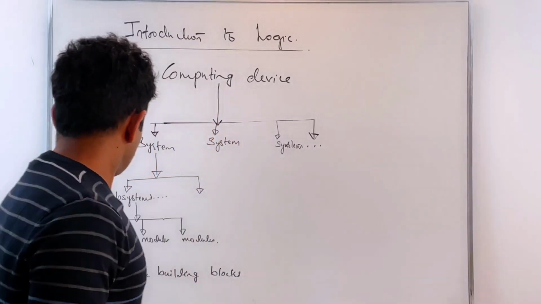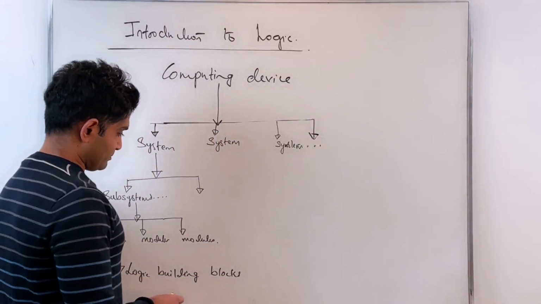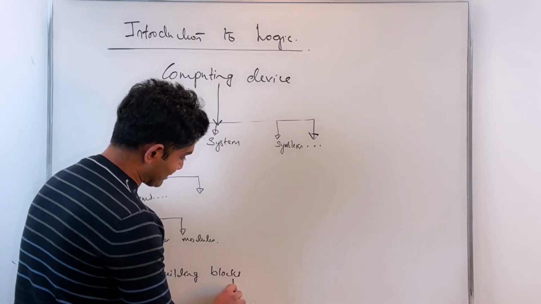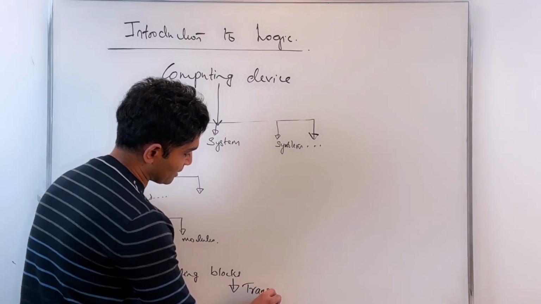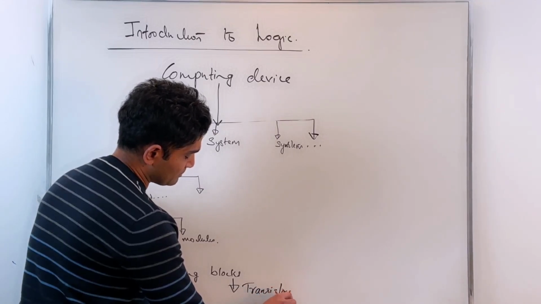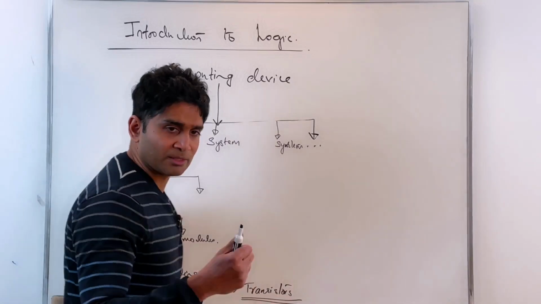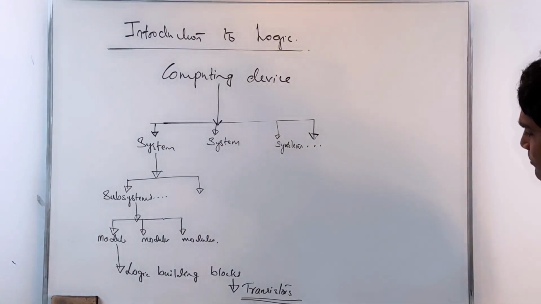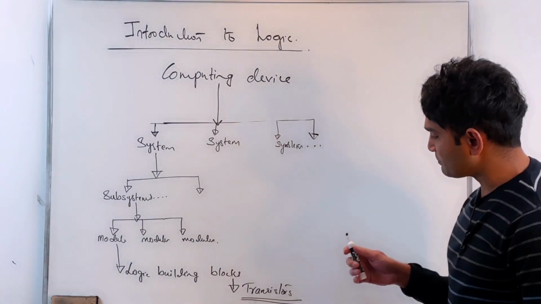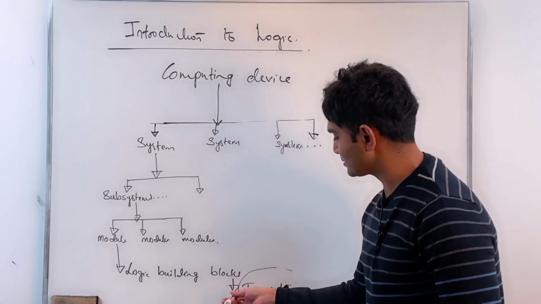Okay. All right. So logical building blocks, and then if I want to go further hierarchy, then these are made up of your individual circuits: transistors, resistors, capacitors, and so on. Okay. Your individual electronic components. Now, in this class, we're not going to spend too much time on the transistor level.